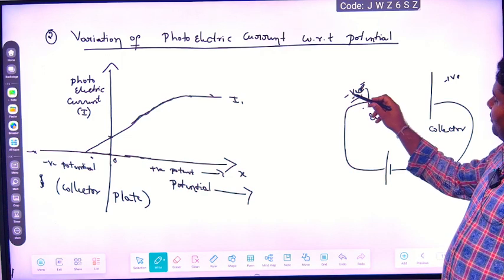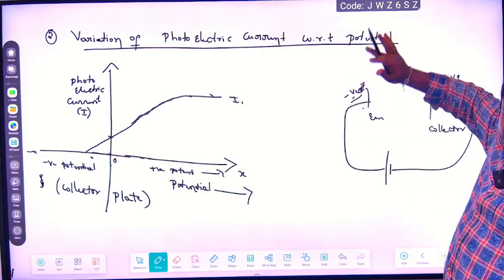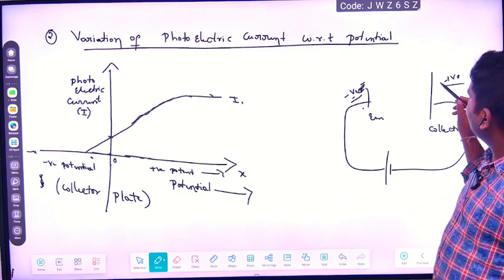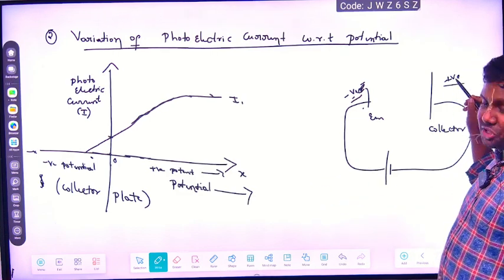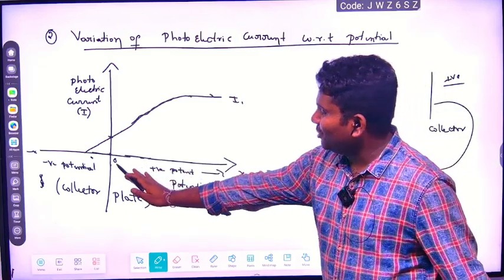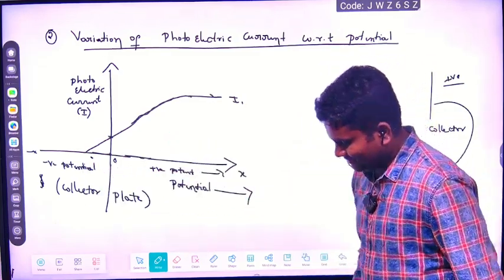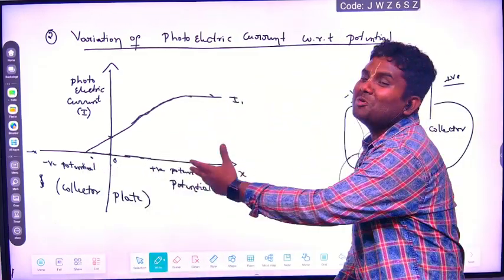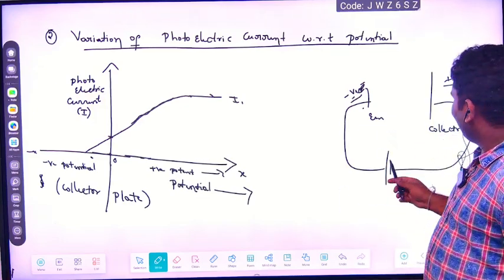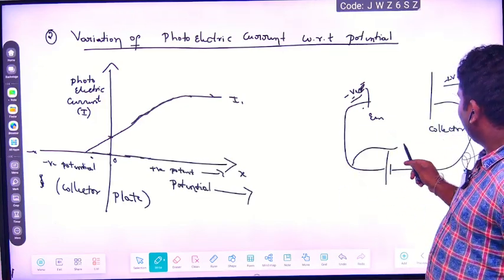This negative potential I will make positive. You leave this emitter plate. You take only the collector plate. Before, we were giving positive potential to the collector plate. Slowly from positive potential, I will give negative potential. If I give negative potential, what happens? The current flow will be stopped.